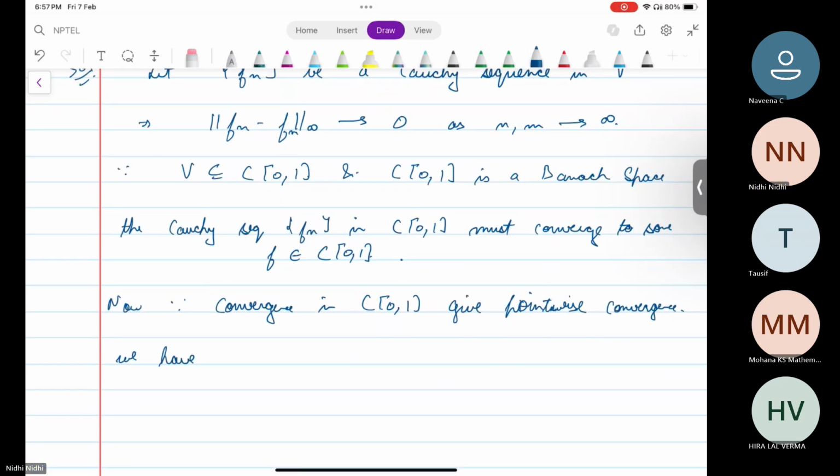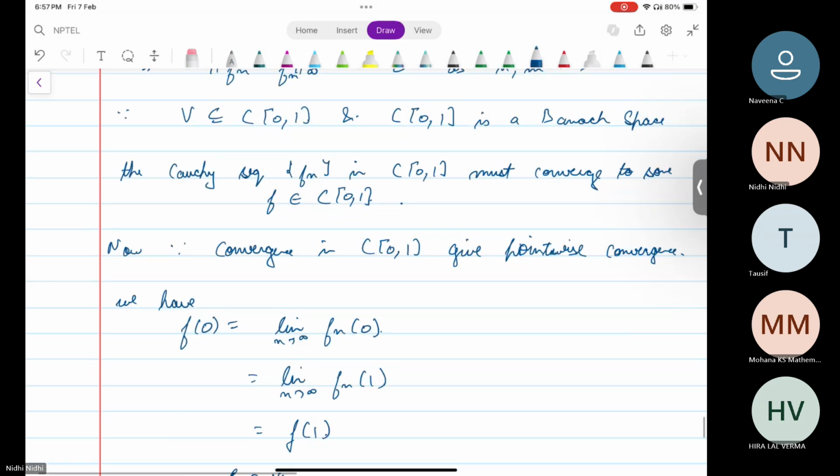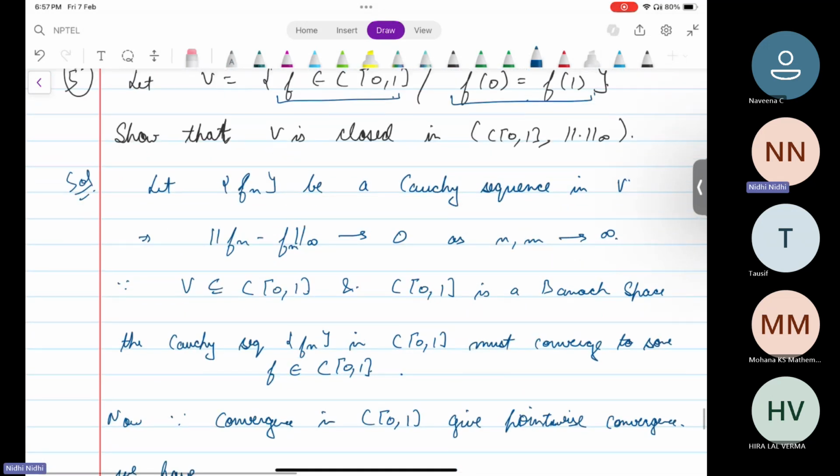We have f at 0 is equal to the limit as n tends to infinity of f_n at 0. Now since each f_n is an element of V, this is equal to the limit of f_n at 1, which is f(1). Therefore, f belongs to V. Hence every convergent sequence in V is Cauchy and converges to an element in V itself. Therefore, this set V is closed in C01.